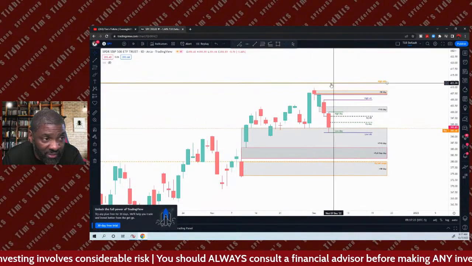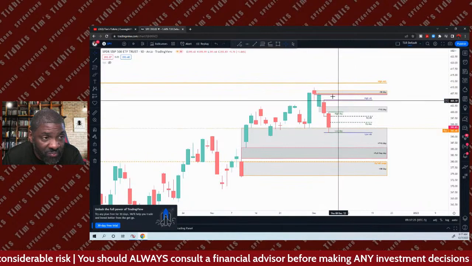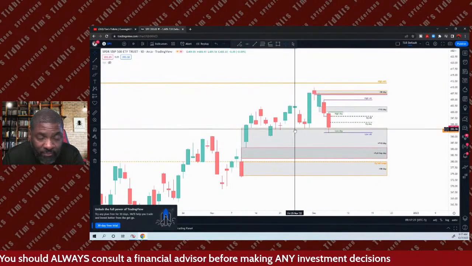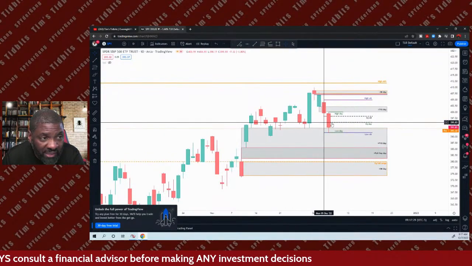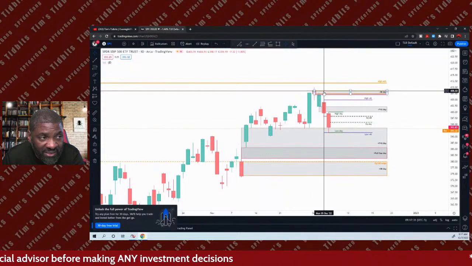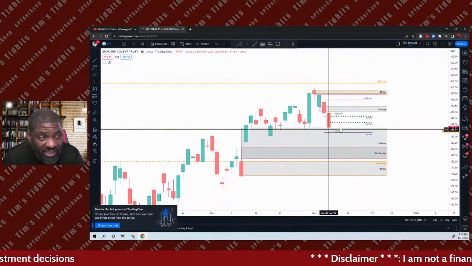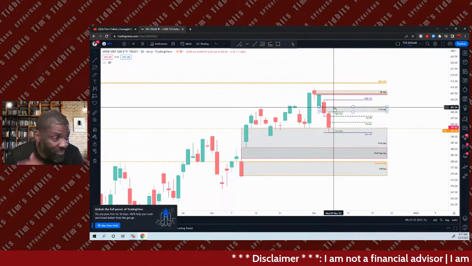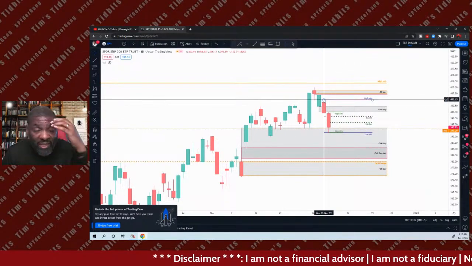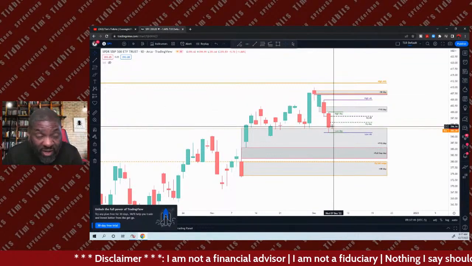As you see, I've adjusted my weekly box because we took out the weekly lows that we were watching on the other box. Instead of leaving it at the old weekly high, I adjusted it to this week's high, because that's the closest weekly high to price action right now.